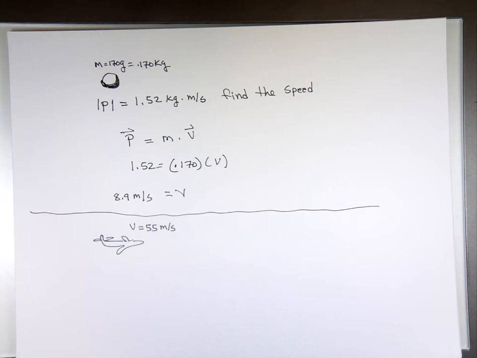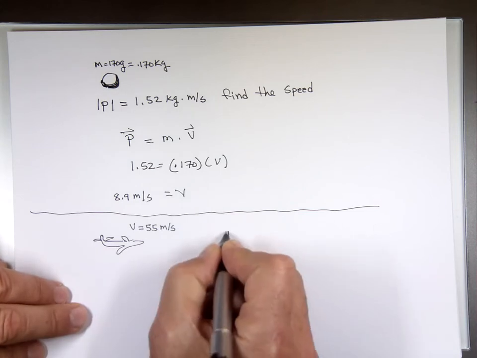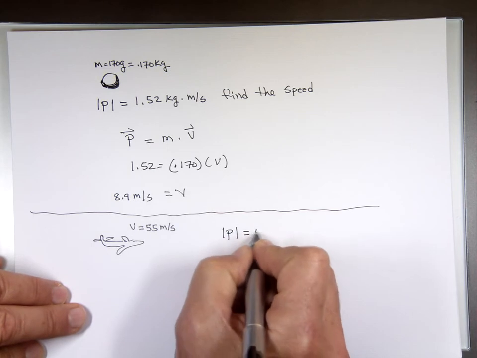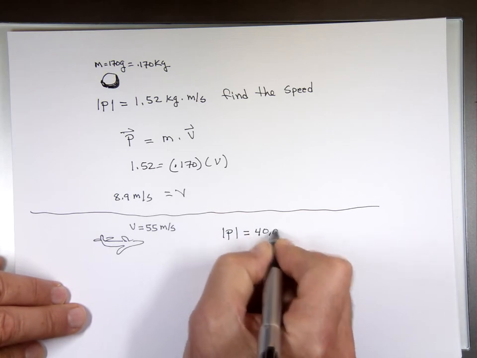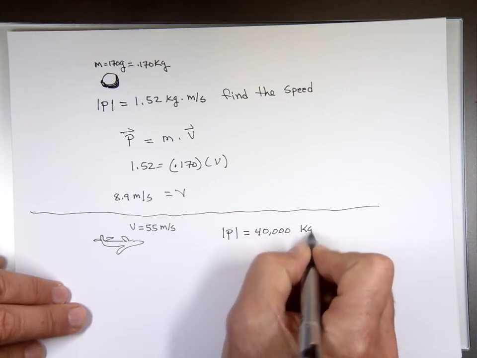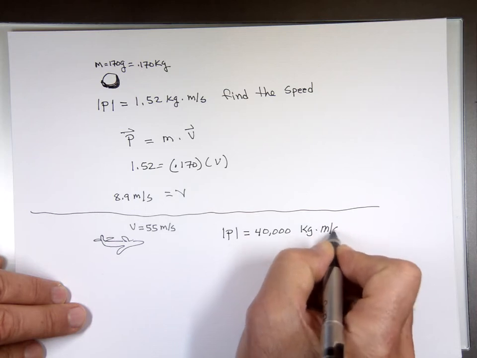What's 55 times 2.24? 123 miles per hour. It has a linear momentum whose magnitude equals 40,000 kilogram meter per second.